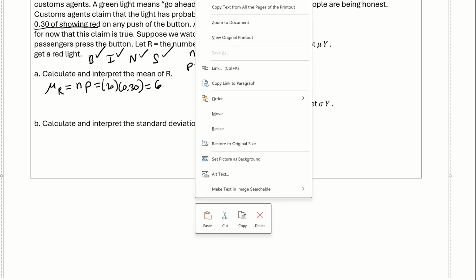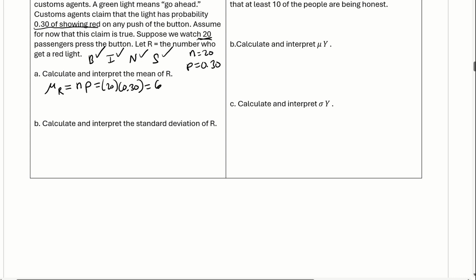Okay, so let's write down the interpretation. We have to include the law of large numbers and include an element of randomness.